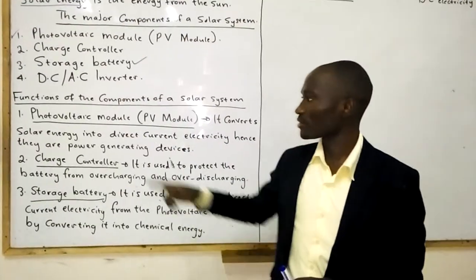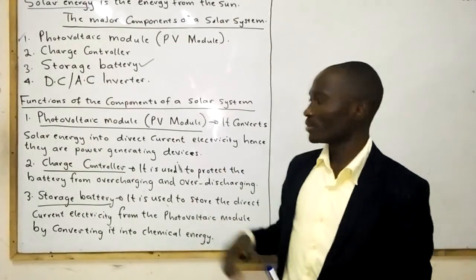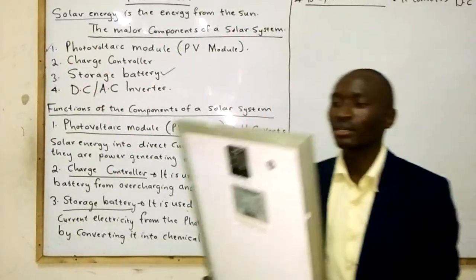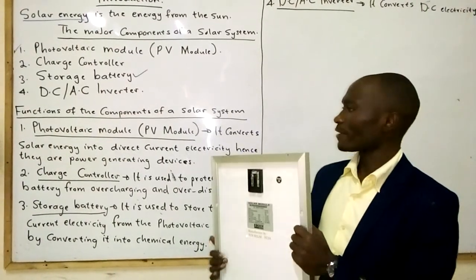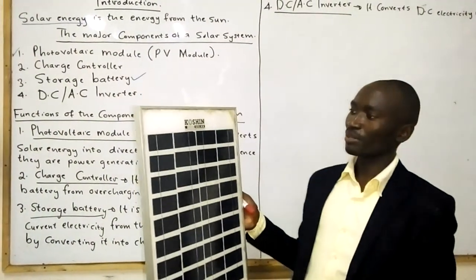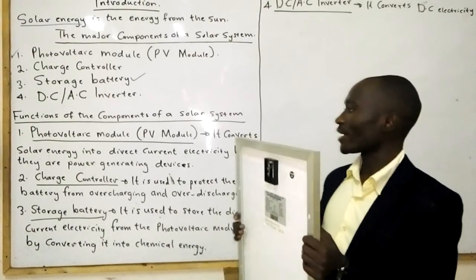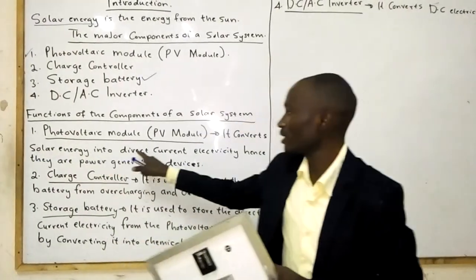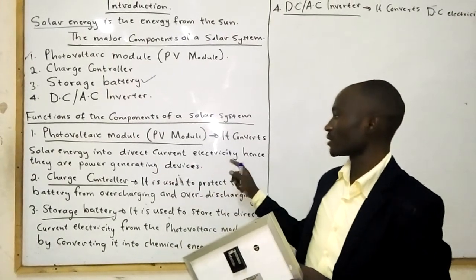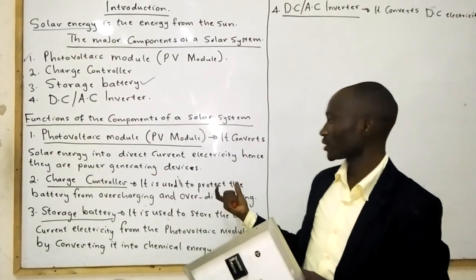Let's start with the first one, which is the photovoltaic module, which we have called the solar module. The function of this solar module, the PV module, is to convert solar energy into direct current electricity. We call it DC in short form.